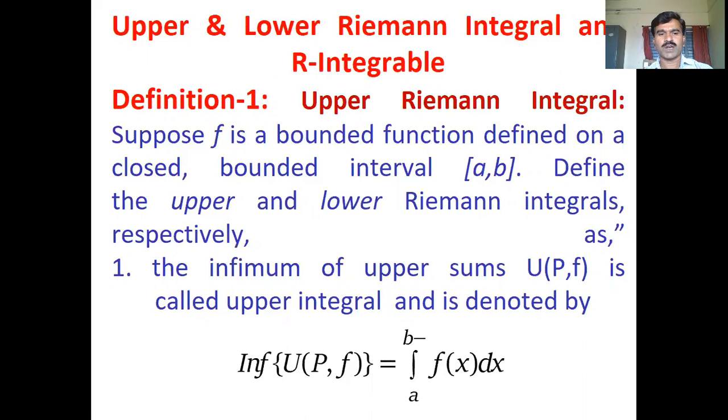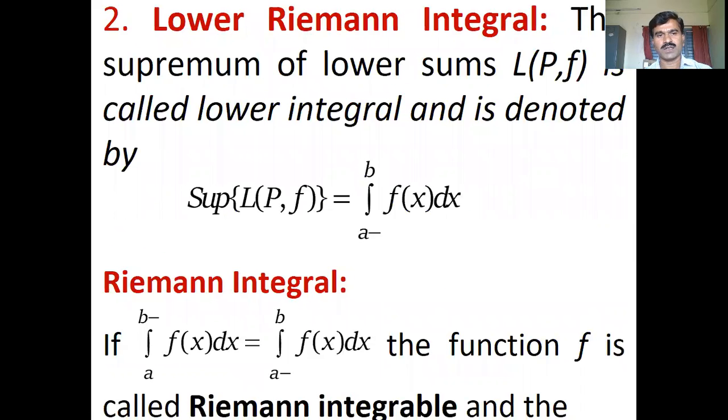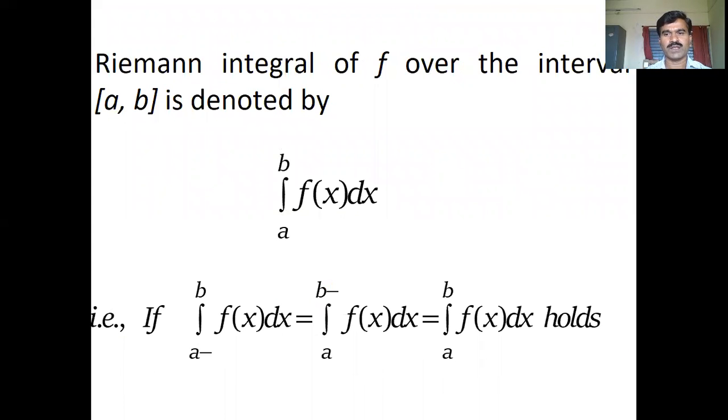Define the upper and lower Riemann integrals respectively: the infimum of upper sums U(P, f) is called the upper integral, denoted by the upper integral of f(x) dx, and the supremum of lower sums L(P, f) is called the lower integral, denoted by the lower integral of f(x) dx. If the upper integral equals the lower integral, the function f is R integrable, and the Riemann integral of f over the interval [a, b] is denoted by the integral of f(x) from a to b.